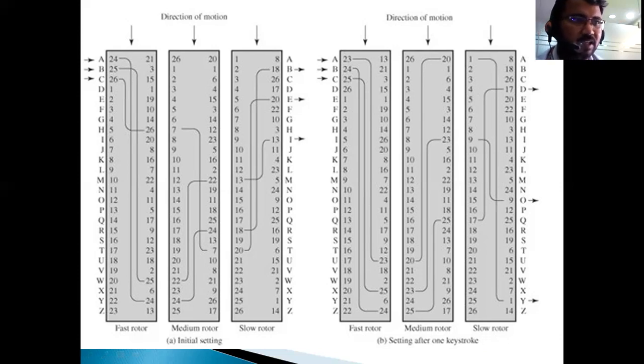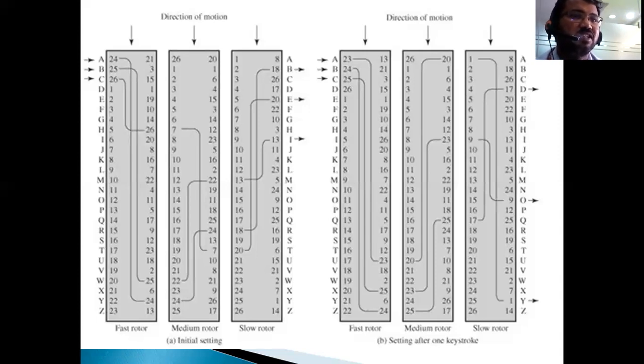So the rotations are like this. The fastest rotor rotates for every character. The medium rotor rotates one time for every 26 rotations of the fast rotor, and the slow rotor rotates one time for every 26 rotations of the medium rotor. It is just like our watch, where we have seconds, minutes and hours.